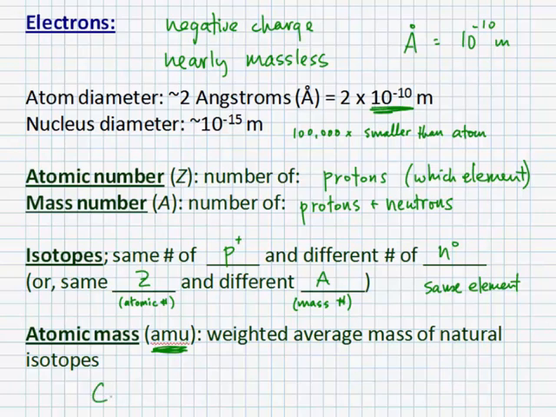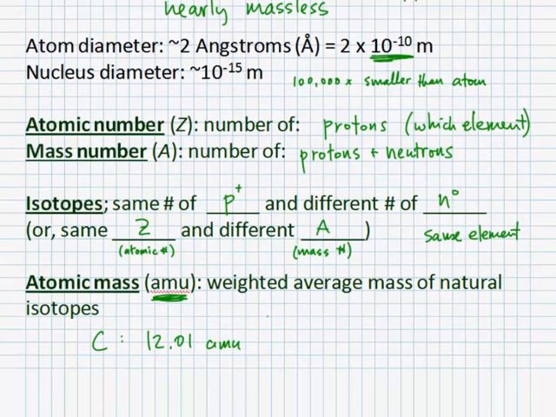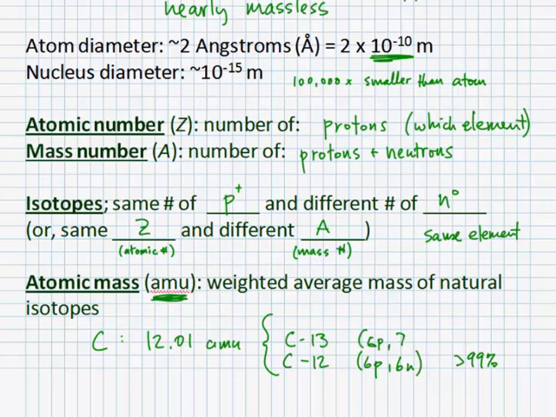So for carbon, its atomic mass is 12.01 AMU because carbon contains mostly carbon-12 with 6 protons and 6 neutrons. Right? The vast majority, over 99%. Okay? There's also carbon-13, 6 protons, 7 neutrons, and carbon-14, 6 protons, 8 neutrons.